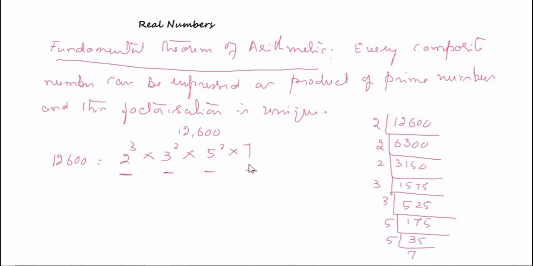So you may represent 7 first, 2 in the last. The order in which you represent can change, but the prime factors, that is 3 times 2, 2 times 3, 2 times 5 and 1 times 7, do not change at all. This is what the fundamental theorem of arithmetic states.